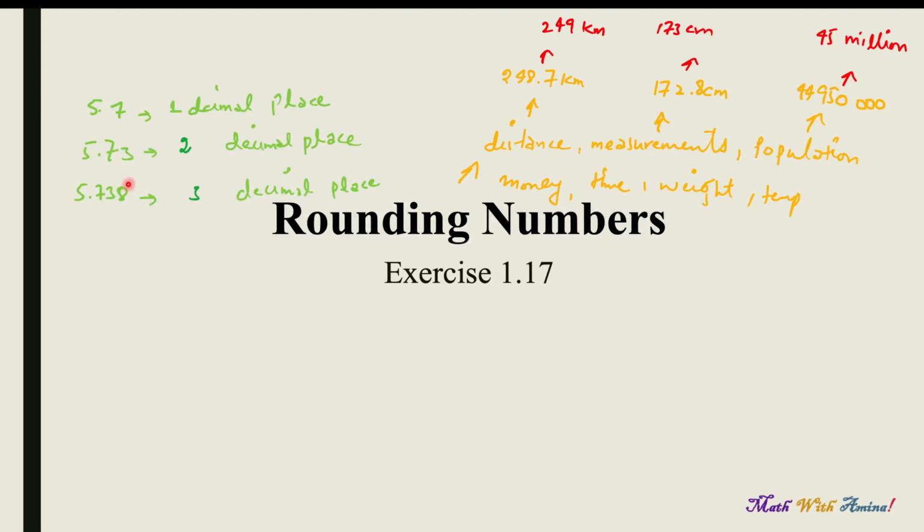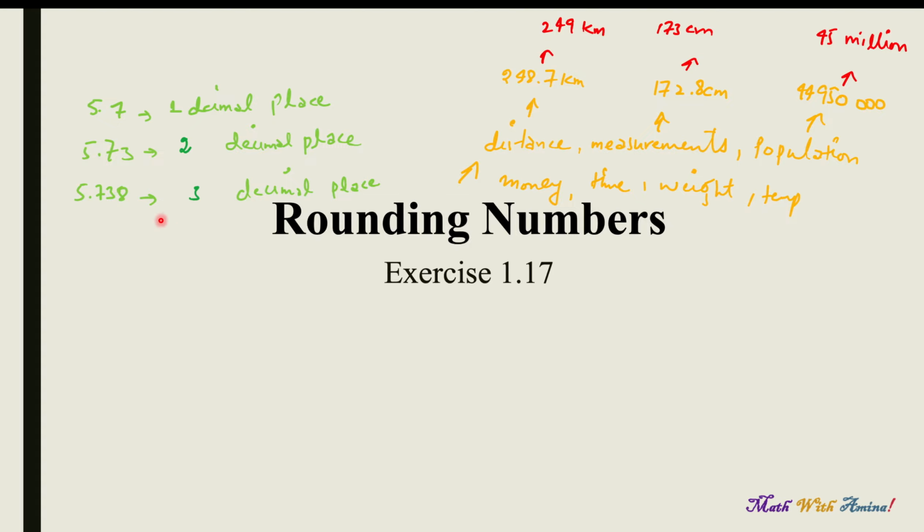So how do we do the rounding? To round a number, we first identify the place value we are rounding to, then we look at the digit immediately to its right. If that digit is 5 or greater, we increase the rounding digit by 1. If that digit is less than 5, we leave the rounding digit unchanged.